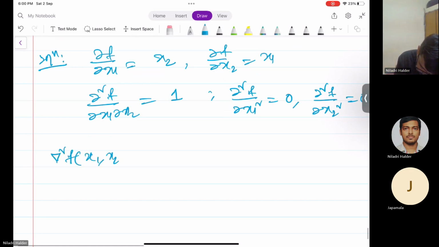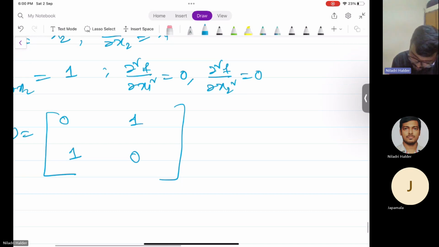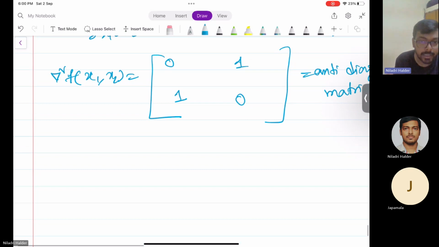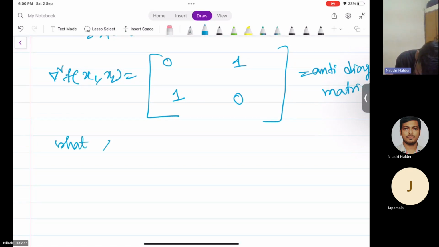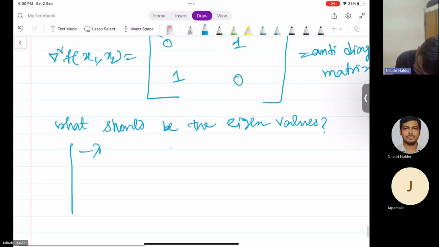This is 0, 1 and 1, 0. So it's an anti-diagonal matrix. Let us find the eigenvalues. The determinant of (minus lambda, 1; 1, minus lambda) is equal to 0.